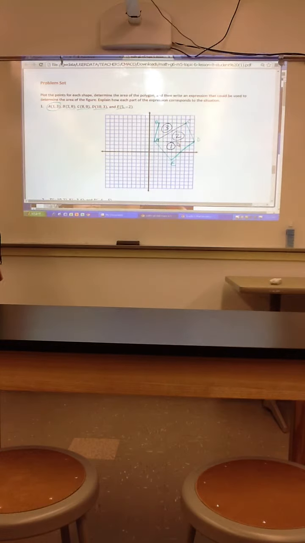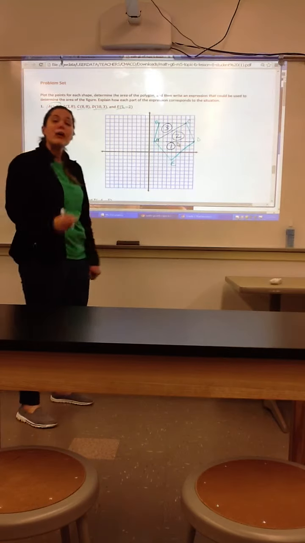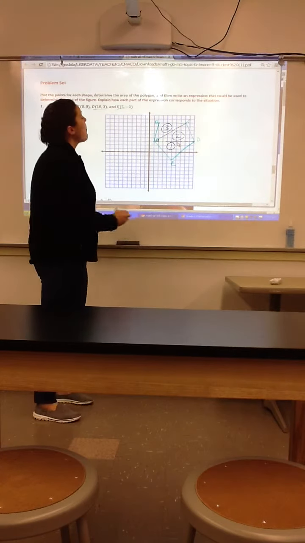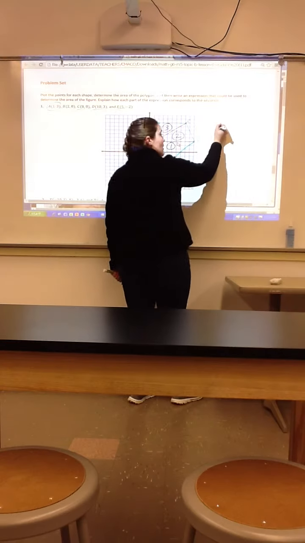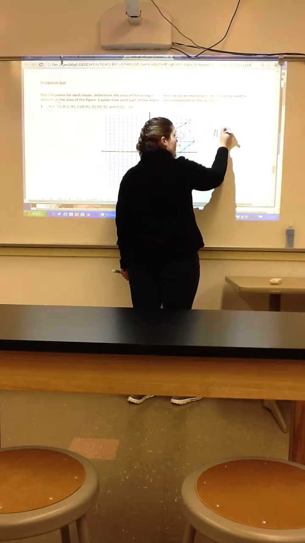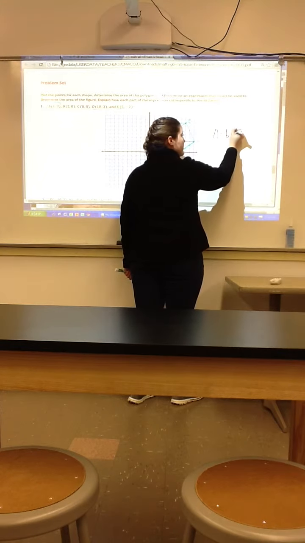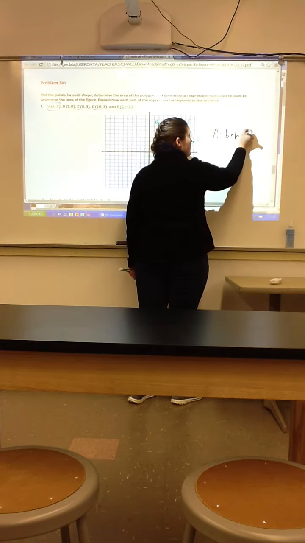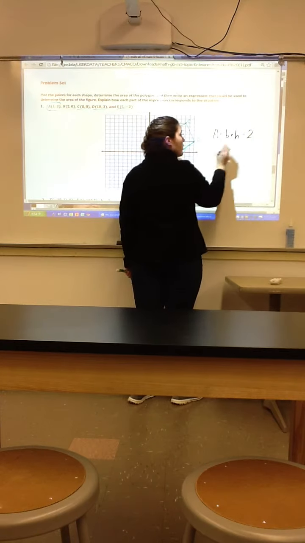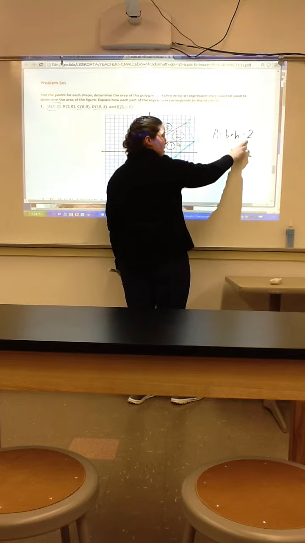Now that I've divided my shape up into shapes that I know how to find the area of, I'm going to use my formula. A equals B times H divided by 2, or area equals base times height divided by 2.